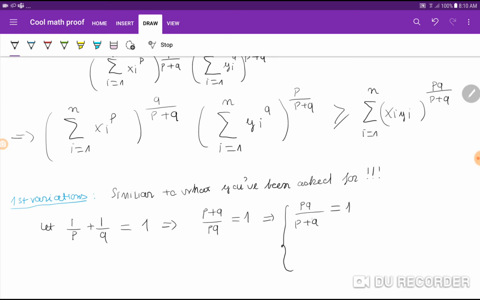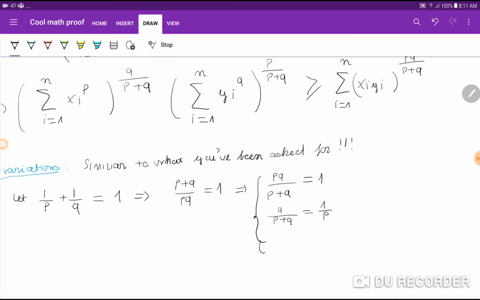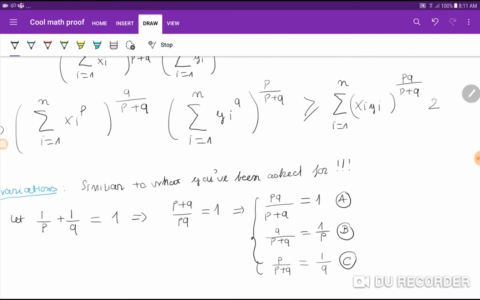If you divide both sides by P, you have Q over P plus Q equal to 1 over P. If you divide both sides by Q, you have P over P plus Q equal to 1 over Q. This is A, this is B, this is C, and this is 2. I'll call this 2.